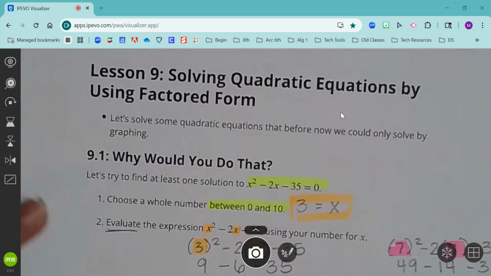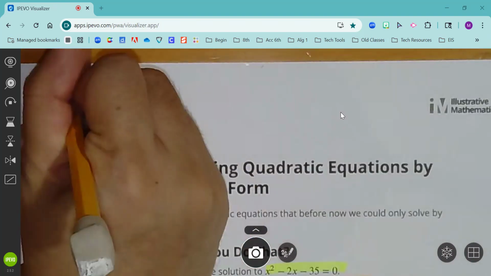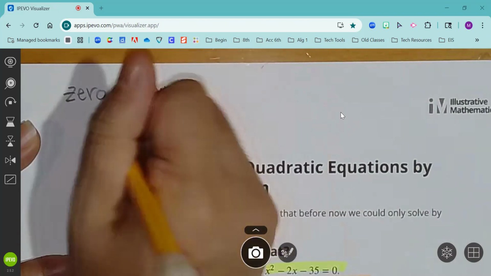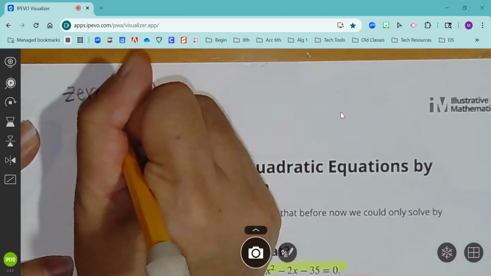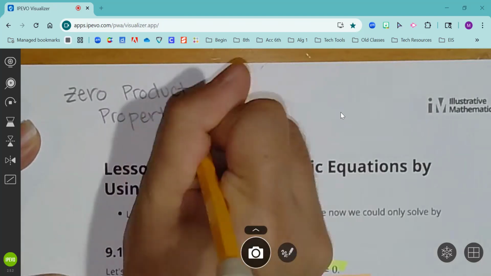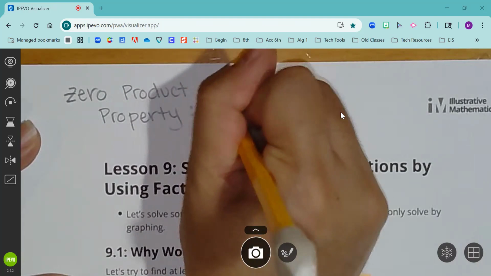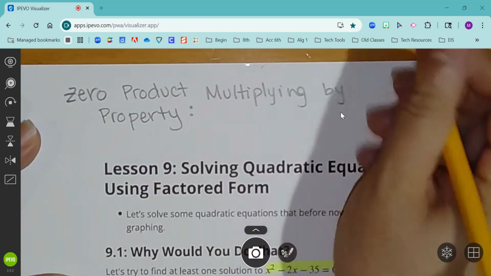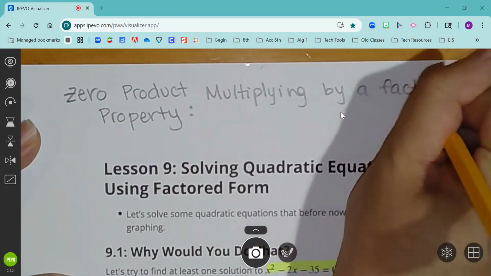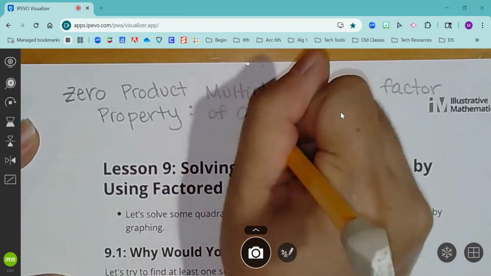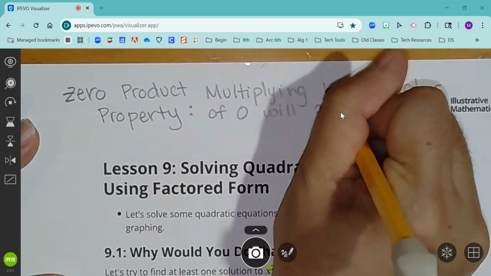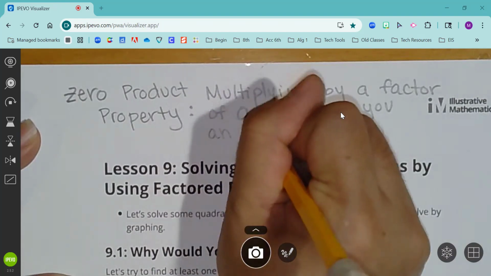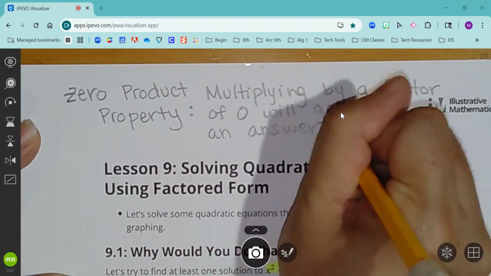So just so you guys know what the zero product rule is, I'm going to go over it really quick. The concept of the zero product property, not rule, sorry, property, is that multiplying by a factor of zero will get you an answer of zero.